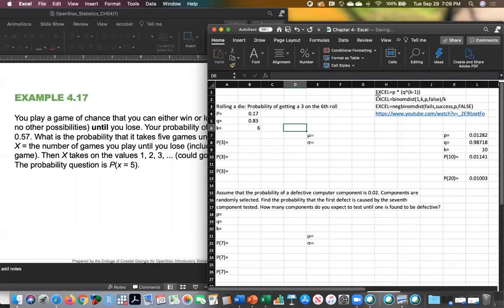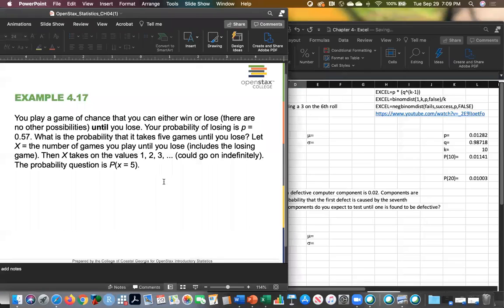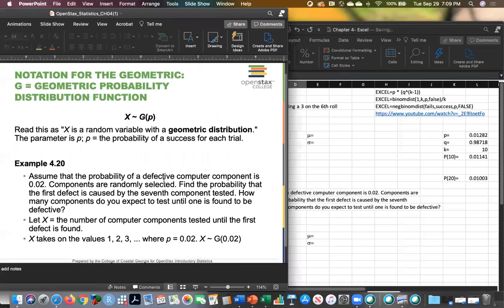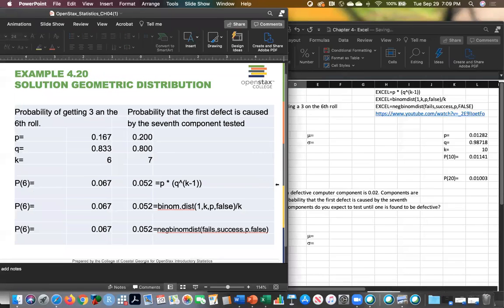So in order to solve this geometric distribution, this random variable follows a geometric distribution with parameter P, which is the probability of success of this trial. So in order to find these values, we have to follow this formula: the probability of success times the probability of failure raised to the power of K minus 1.